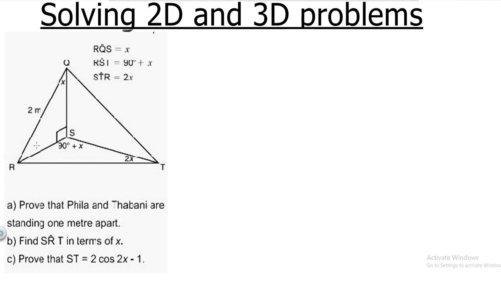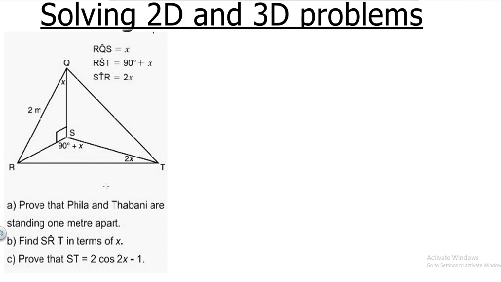For example, if we know this side, we know this side, with this angle we can use it. But if we don't know any side, we can't do even a cosine rule or a sine rule. We need at least 2 sides and 1 angle, or we need all the sides to do cosine rule.